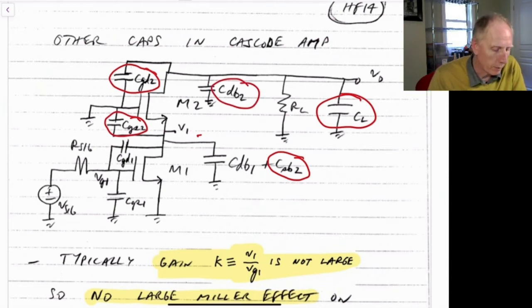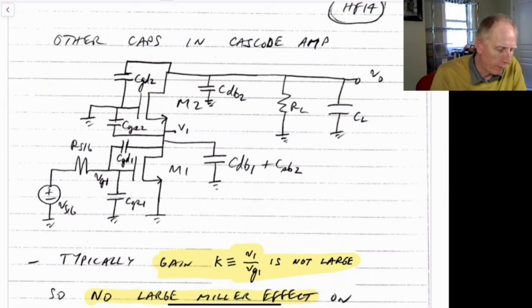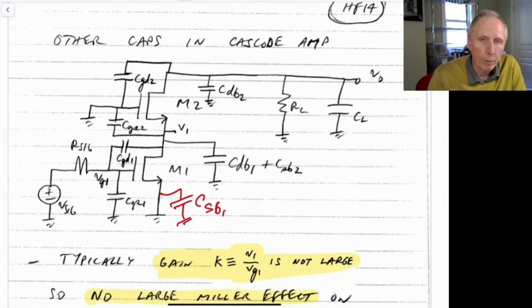So there are 4 capacitors in this case. Now you may ask, why were there not 4 for M1? Well, there is another capacitor here, the source to bulk capacitor for M1, but it goes from ground to ground, so we really can ignore it. So there are 4 as well for that transistor.